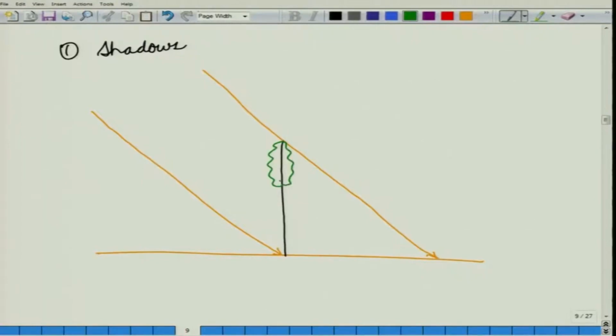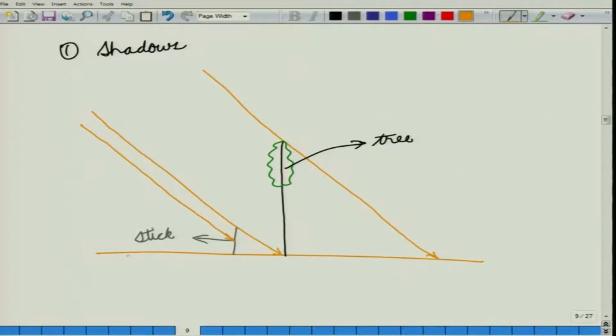So, here you have a tree, and the second object is, say, a small stick. So, we have a stick and we have a tree. Now, let us draw another ray that is parallel to this. Now, this ray is intercepted by the object and is not able to reach the ground.